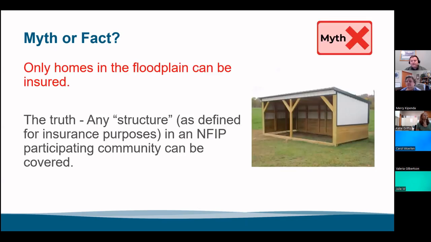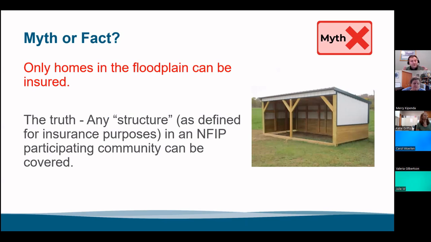Yeah, you're all correct. This is a myth. If a structure is in a community that participates in the National Flood Insurance Program, it is eligible to purchase flood insurance under the NFIP. So it doesn't have to be in the floodplain.